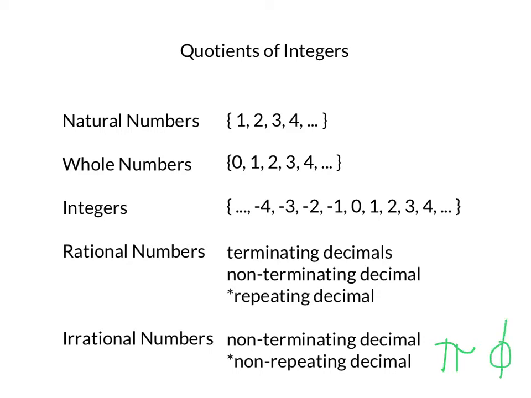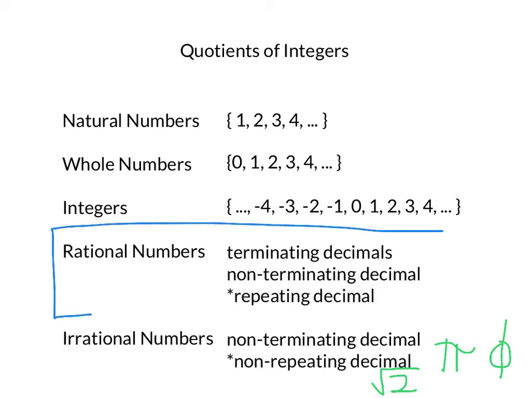Basically, the square root of any non-perfect square, like the square root of 2, would be an irrational number, non-terminating, non-repeating. The ones we are going to deal with are the rational numbers, so either terminating or non-terminating.